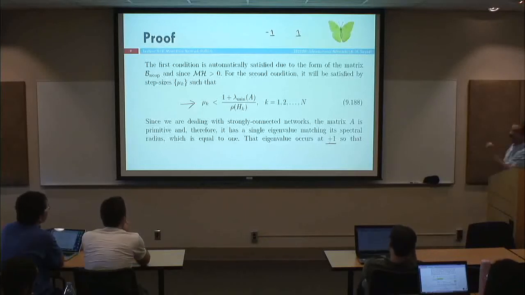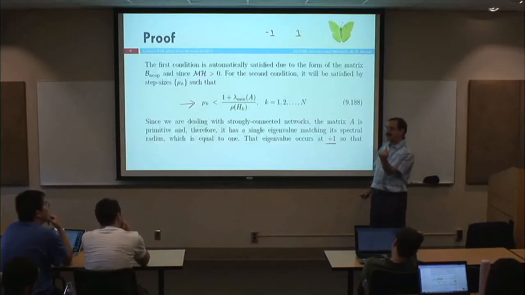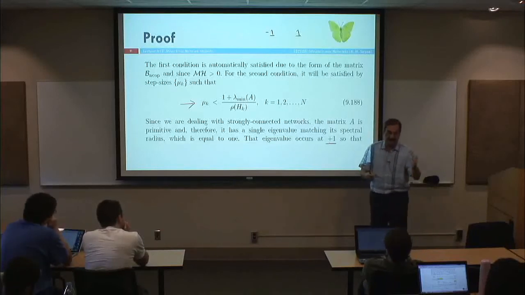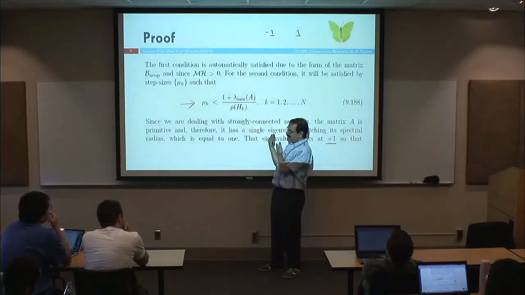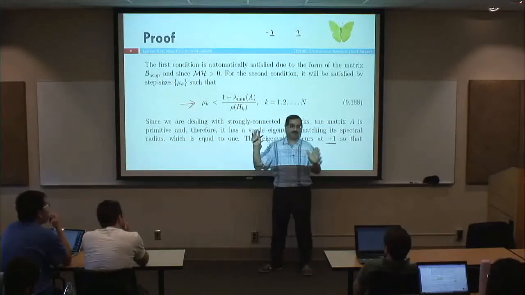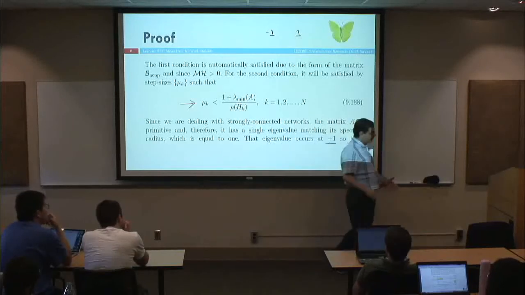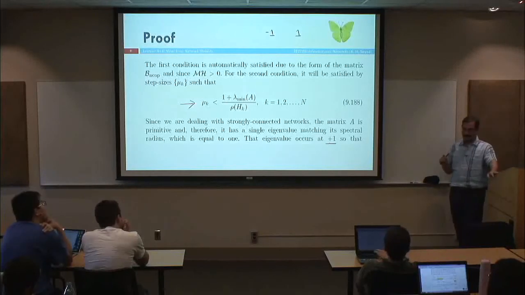Remember, my network is strongly connected, so there is a single eigenvalue that meets the spectral radius. We already know that it has one at +1, so it cannot have an eigenvalue at -1. So that's why this lambda min has to be larger than -1. So the numerator has to be positive. So then this is a valid bound. So again, a small enough mu exists that makes the consensus B stable.